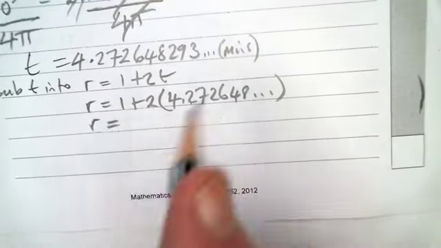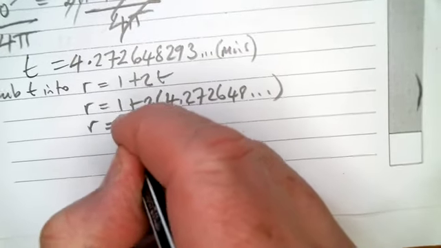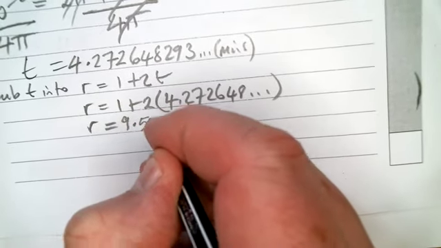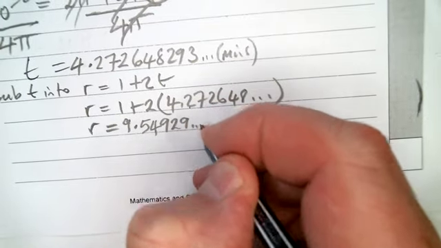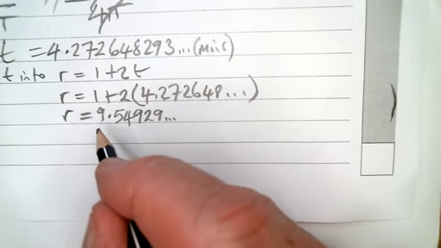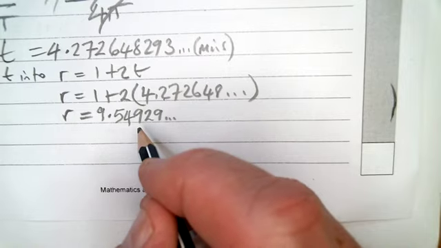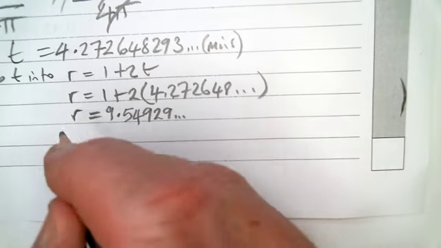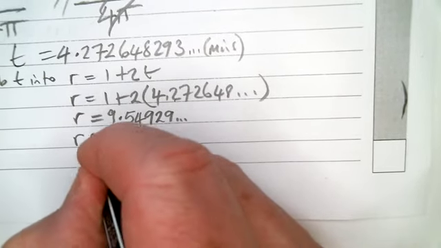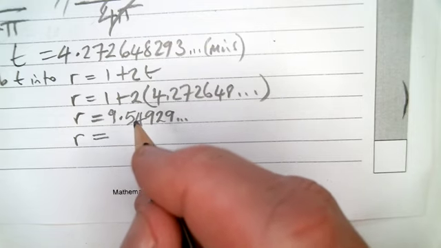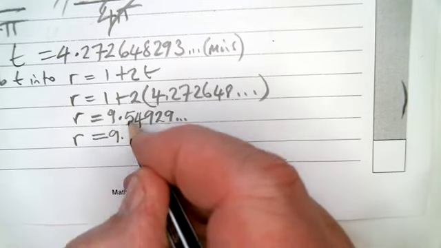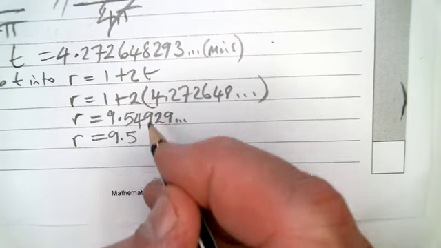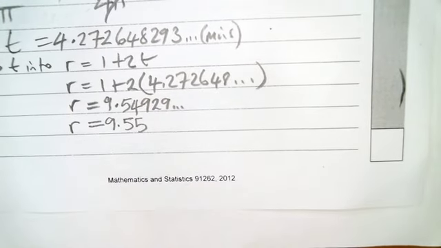9.54929. Okay, so let's write that out. So it's going to equal 9.54929... But now let's do it to 3 significant figures. So what we'll say is, therefore, r, the width of the pool, is going to be 9.5, we're going to call that 9.55, right?